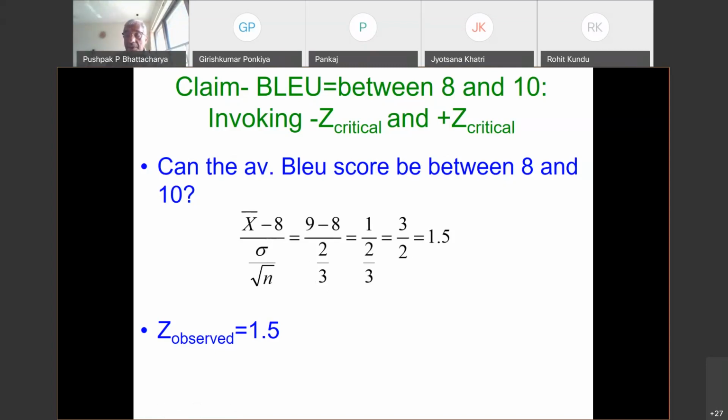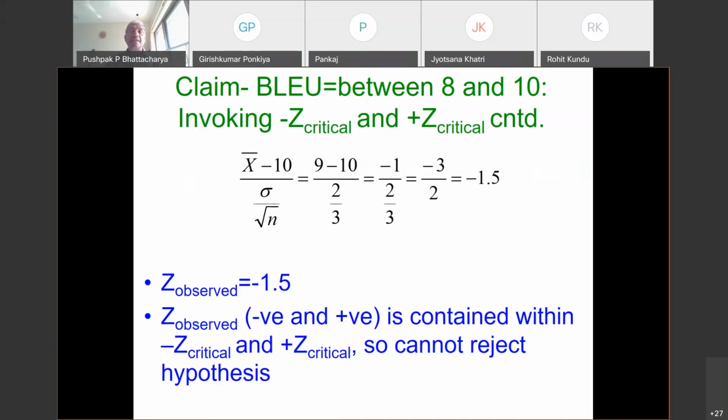What is the upper limit of the interval for my hypothesis? 10. So x bar minus 10 is 9 minus 10 divided by 2 by 3, minus 1 by 2 by 3, minus 3 by 2. I get minus 1.5. Okay, so I get an interval of Z observed, which is between minus 1.5 and plus 1.5.